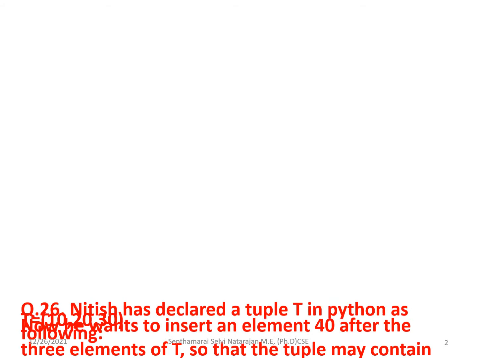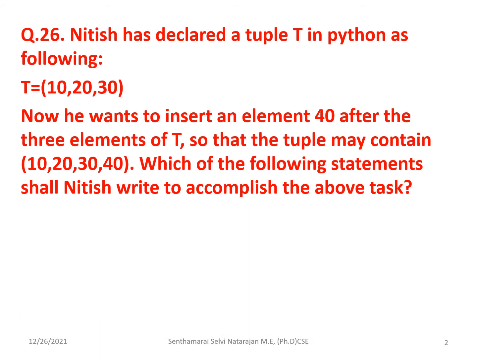The 26th question is, they have given a tuple with the values 10, 20 and 30, and 40 has to be inserted after those 3 elements. So the tuple should be like this, that is 40 to be added at the end of the tuple. Then they are asking for the statement which is right to accomplish the above task.